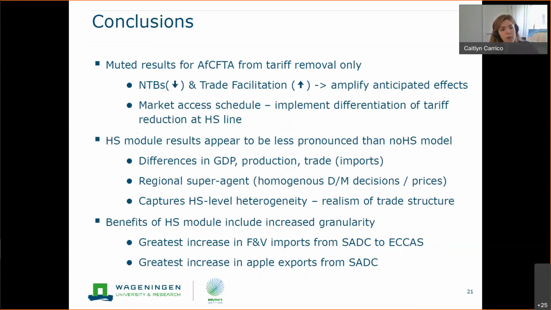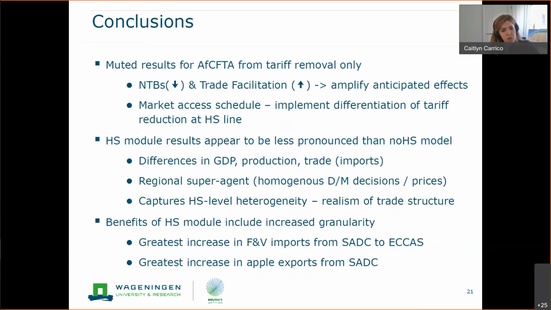Also, if we had access to a market access schedule and we were looking at changes in the market access schedules, then we could really implement this differentiation of tariff reduction at the HS line, whereas right now we're just doing a standard 100% tariff reduction.